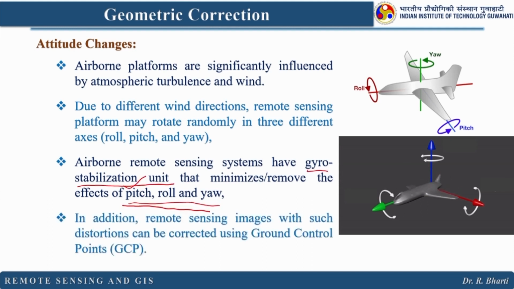In addition, remote sensing images with such distortion can be corrected using ground control points. Ground control points are locations measured in the field with their parameters, like whether it belongs to forest, road, temple, or a field. That information is captured along with latitude and longitude.